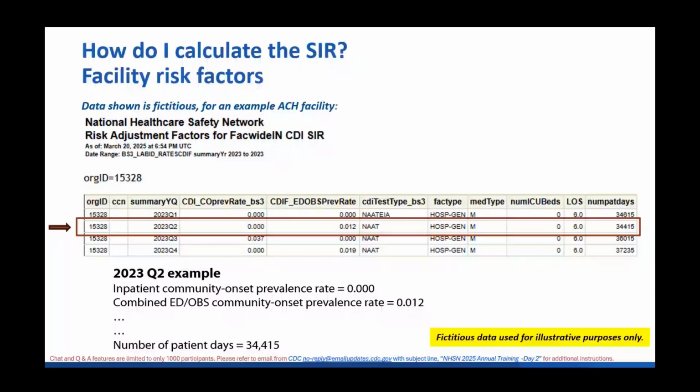You can see what the CO prevalence rate is, the ED OBS prevalence rate, what the test type was, what the facility type was, the medical type, the ICU beds, the length of stay, and the number of patient days. So we're going to take all the data that's in this row, use the table that we just looked at to figure out what this particular quarter's expected number of events are. All right, next slide.